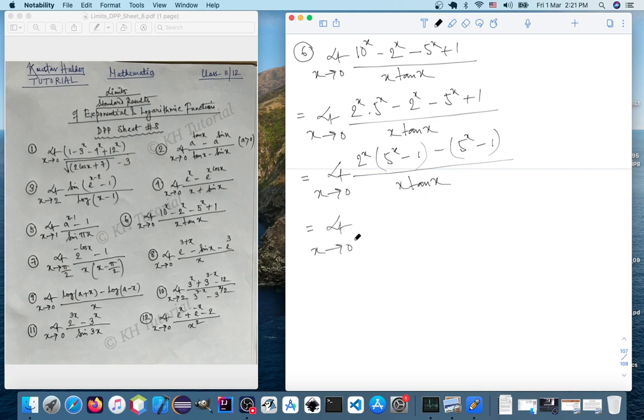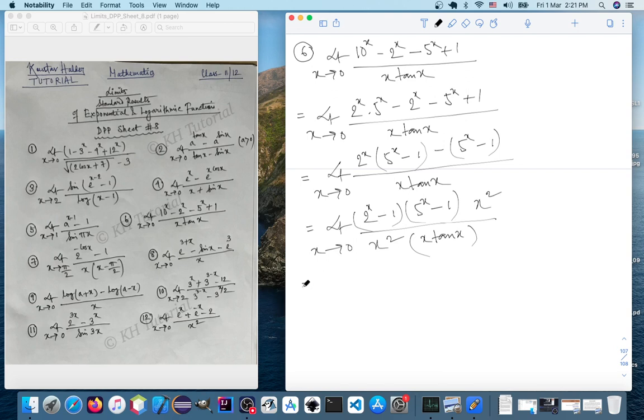After doing the factorization in the numerator, we get this x tan x. Now, we would like to have x for 2 to the power x minus 1 and x for 5 to the power x minus 1, so that we can apply the standard result a to the power x minus 1 by x. So 1x for this one, 1x for this one, we have x square. We have to adjust this with x square.